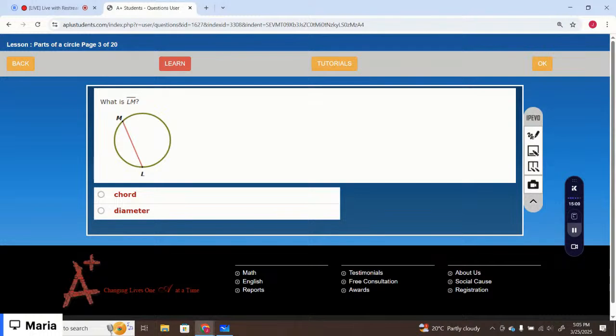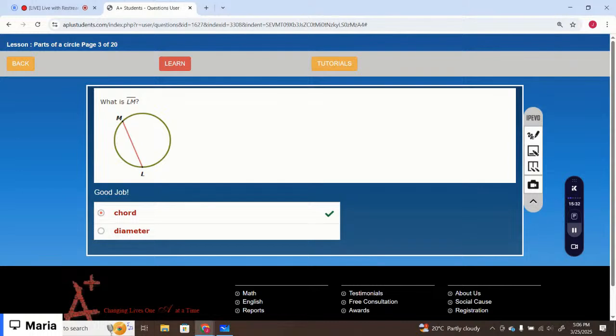What is LM? That is a chord. Option number one is the correct option.